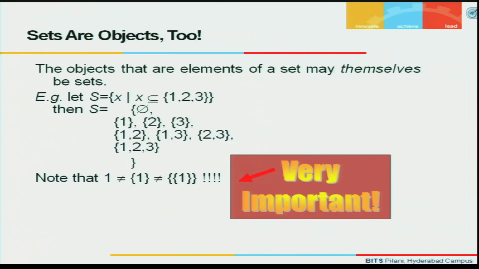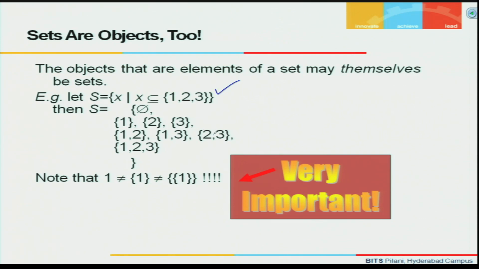And when we define a set, objects of a set can be sets themselves. So basically, when we have got a set, the elements of the set we call objects, isn't it? And these objects themselves can be sets. We will see with a small example. Can I define a set like this or not?